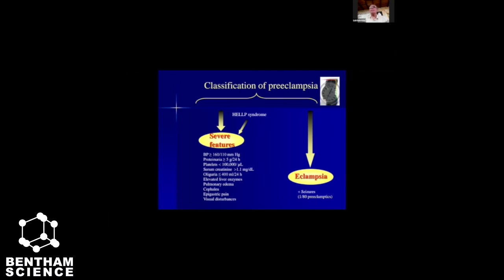So it is classified as preeclampsia and preeclampsia with severe features, which includes blood pressure of 160/110, proteinuria above 5 grams in 24 hours, platelets below 100,000, serum creatinine above 1.1, oliguria below 400 milliliters in 24 hours, indicating an important kidney dysfunction, elevated liver enzymes, pulmonary edema, cephalalgia, epigastric pain, visual disturbances, and this could be accompanied by the HELLP syndrome, which stands for hemolysis, elevated liver enzymes, and low platelets.